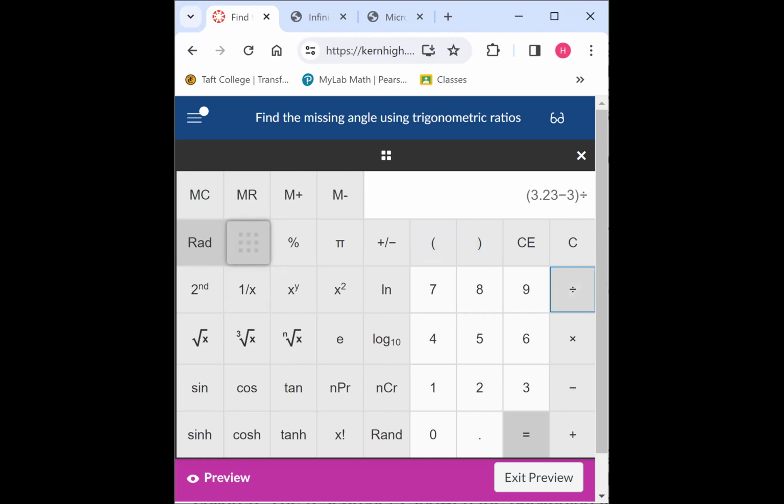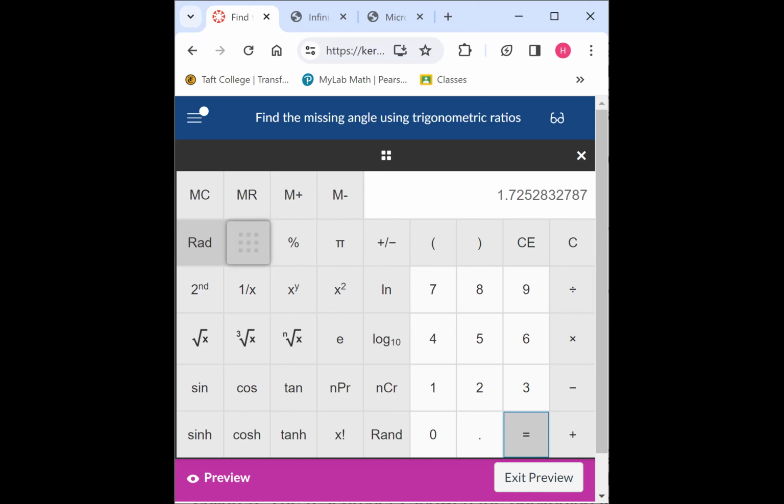Divided by, open parentheses for the bottom. 2.44 divided by the square root of 335. Close parentheses for the square root. Close parentheses because of the bottom. Press equal. I'm going to round my test statistic, my Z-score, to 2 decimal places. So let me call it 1.73.